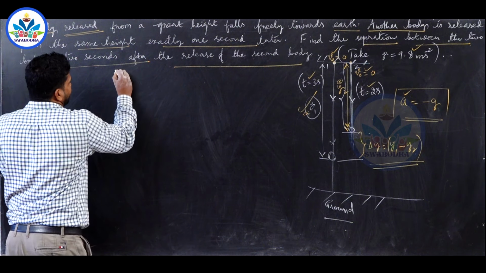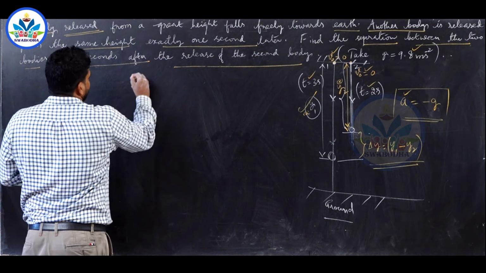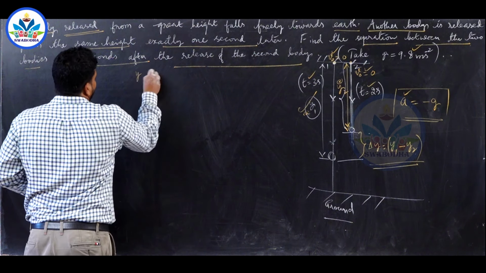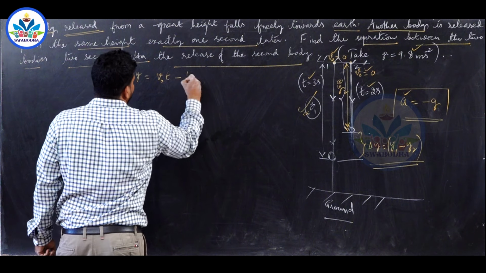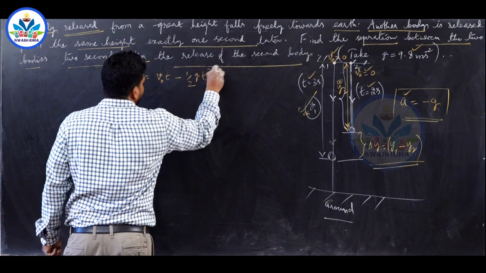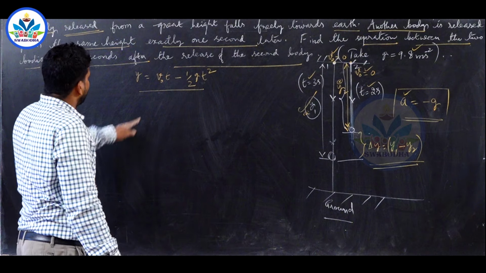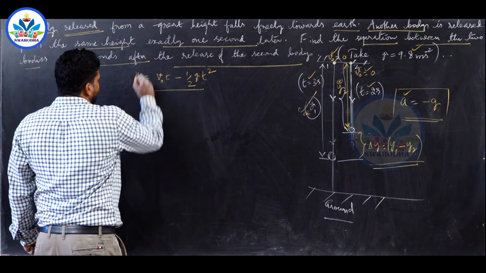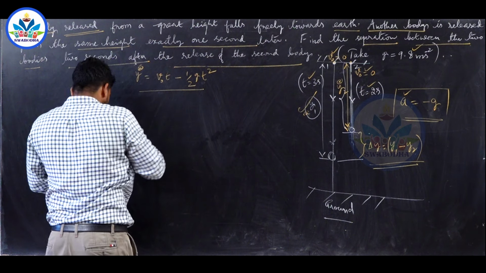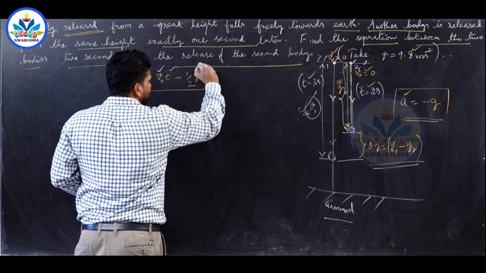Only one option, that is the second equation, y equals v naught t minus half g t square, correct? You want y. We know v naught, it is 0, t we know, g we know.